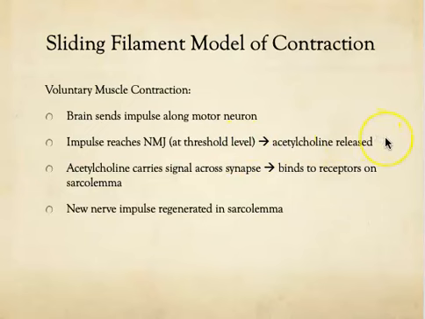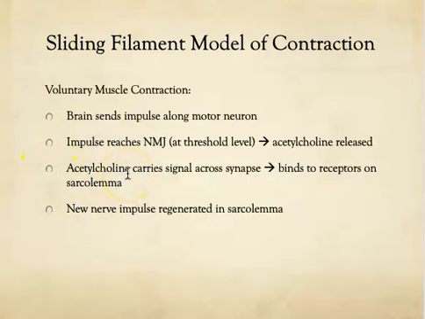Acetylcholine's going to get released from the knobs at the neuromuscular junction, at the synapse. The acetylcholine is essentially carrying that information. The information that was in the form of an electrical signal in the neuron has now been transformed, or transduced, into chemical information, acetylcholine.